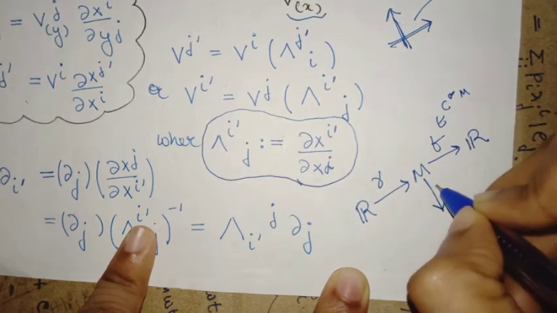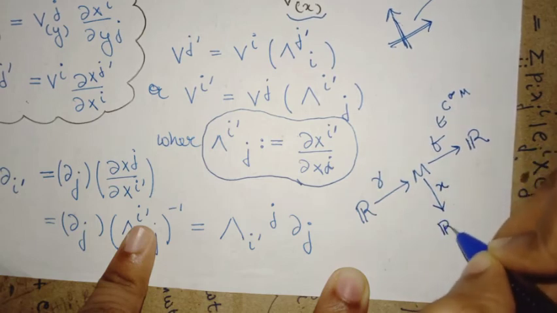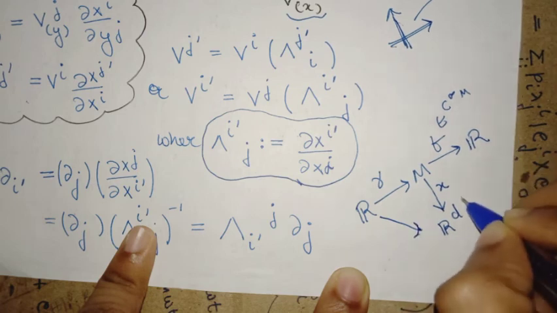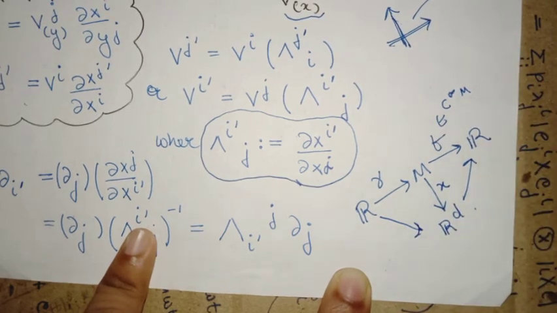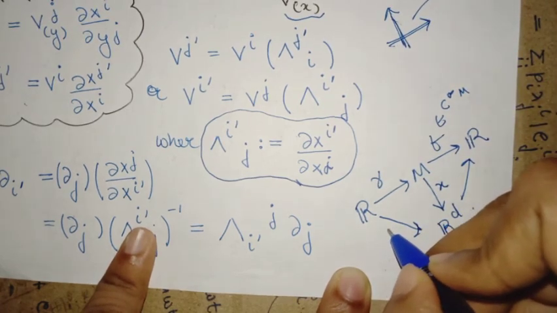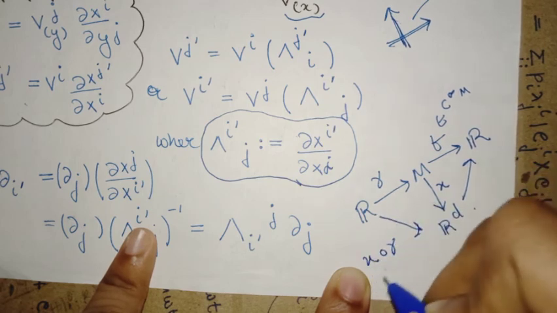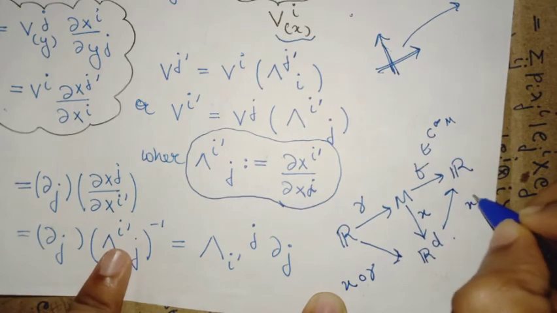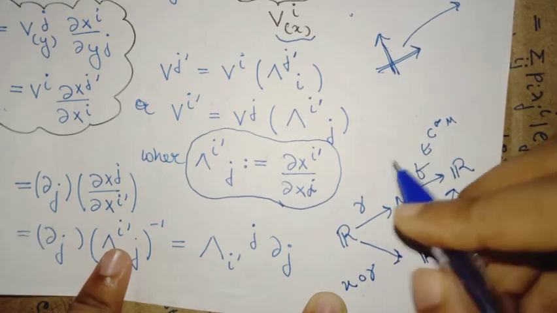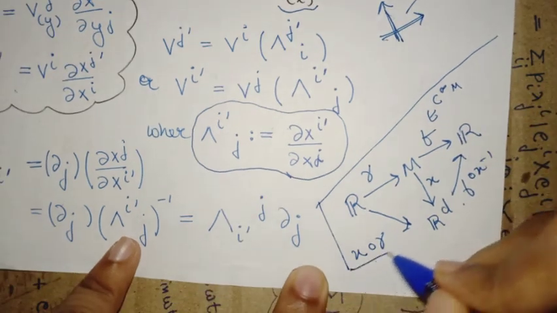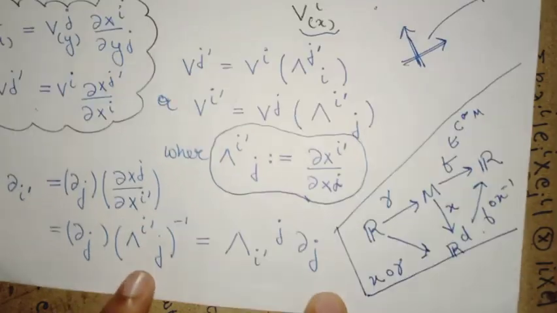From the manifold you come to the dimensions Rd using a chart, and then you just want to link them in this formalism of tensor space. So this function is just gamma composed with x, this is just x inverse composed with f, and then from here you can construct the necessary requirements, whatever we need.